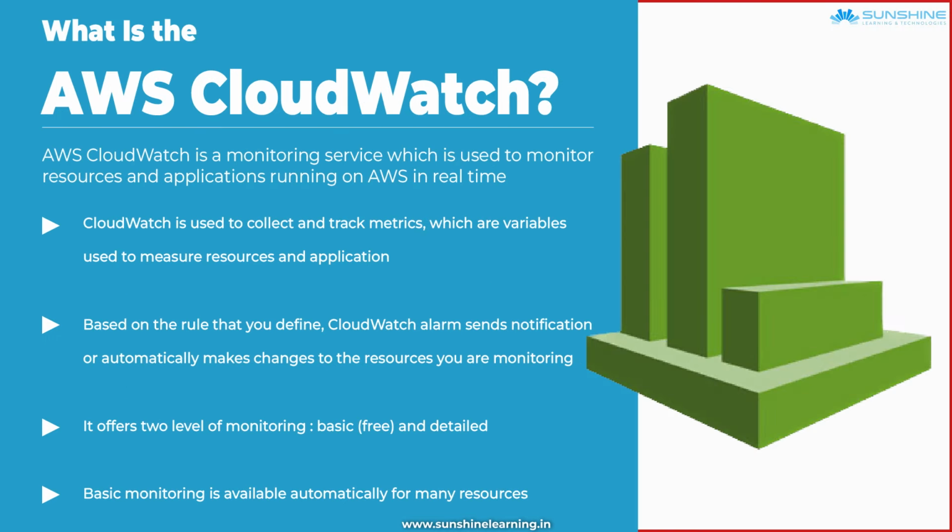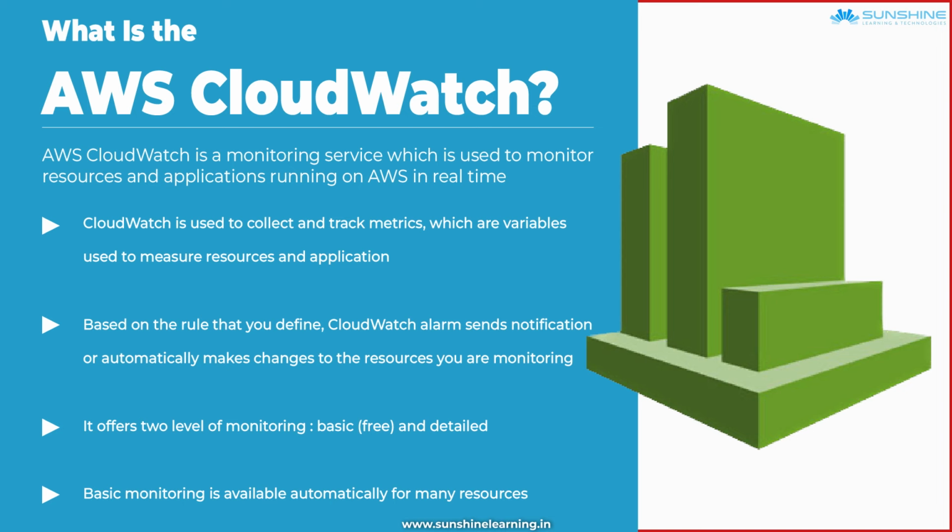So what is AWS CloudWatch? AWS CloudWatch is a monitoring service which is used to monitor resources and applications running on AWS in real time. So this is basically the CloudWatch service symbol. CloudWatch is used to collect and track metrics.